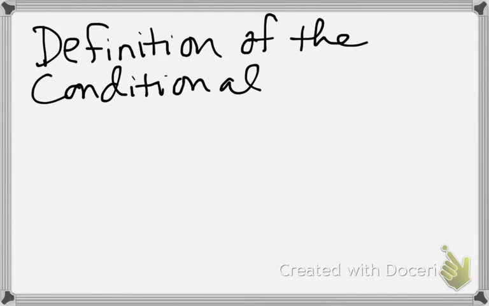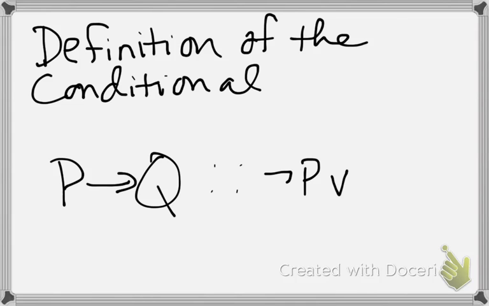This lecture will explain the rule called the definition of the conditional. So, if you have the formula P arrow Q, this can be transformed into the disjunction not P or Q. And if you think about it, it makes sense.